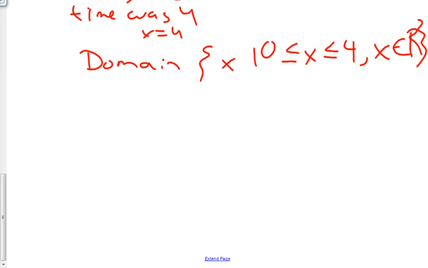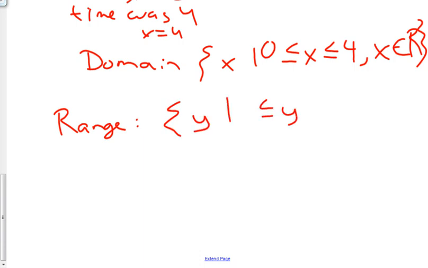My range goes from 0, that's the ground, to 20 meters. So I know my range is going to be y, such that y is greater than or equal to 0, but less than or equal to 20, because that was my maximum height, where y is a real number.